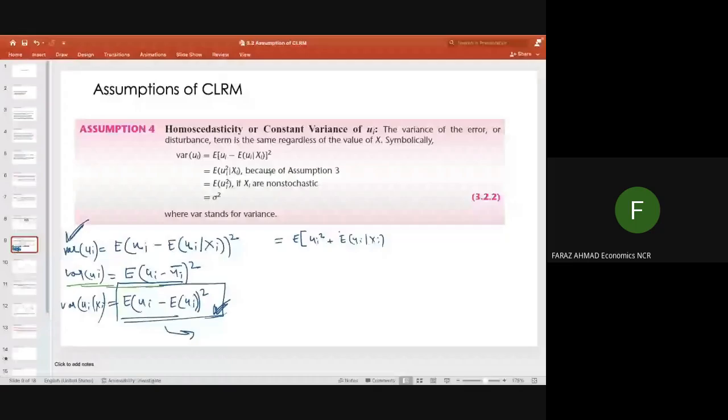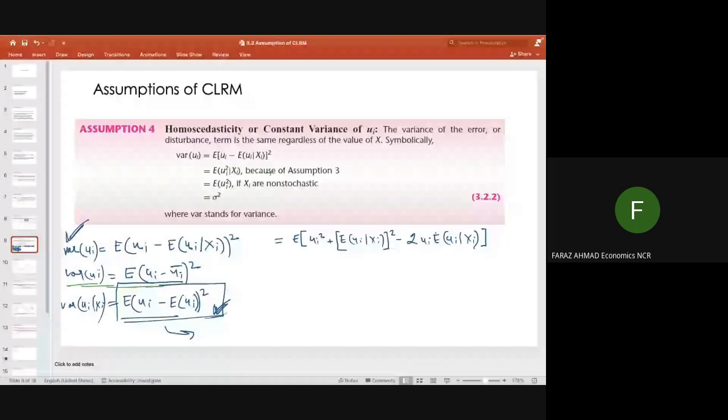It's going to be a squared plus b squared minus 2ab. Right? So simple formula. Let me use another color for the parenthesis. And then there is a square here, right?